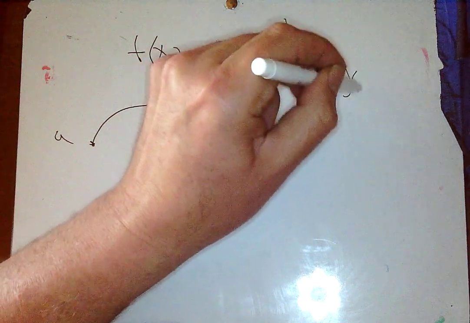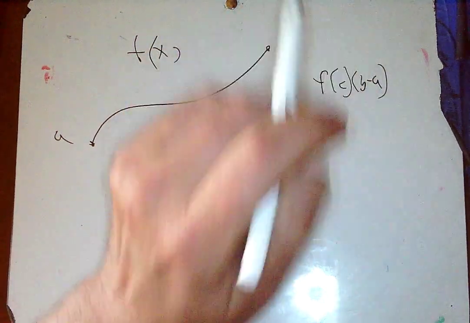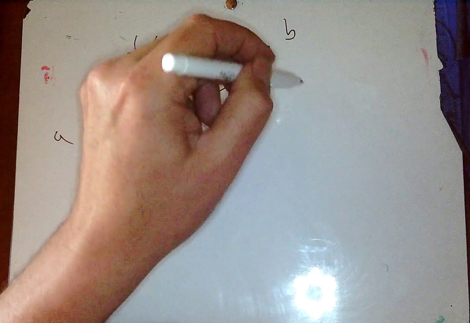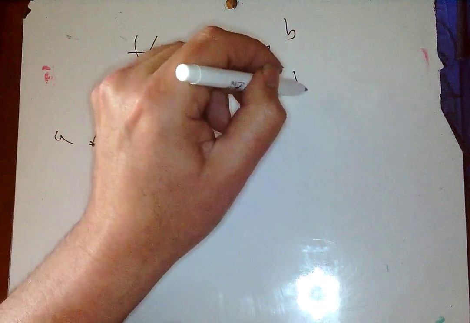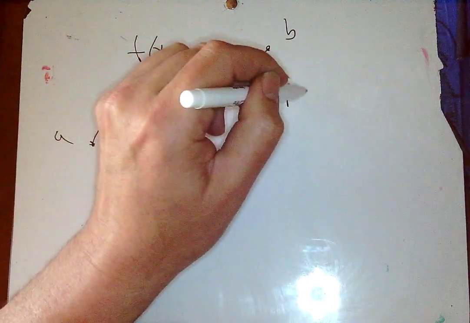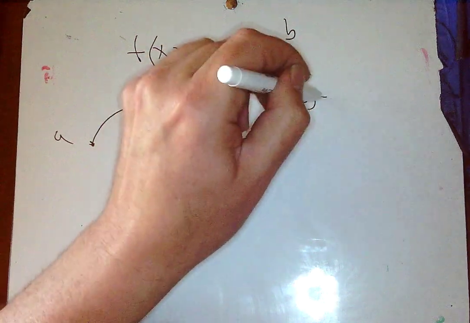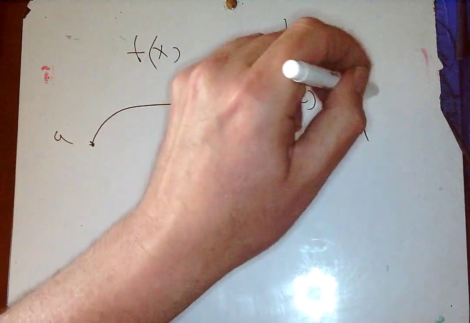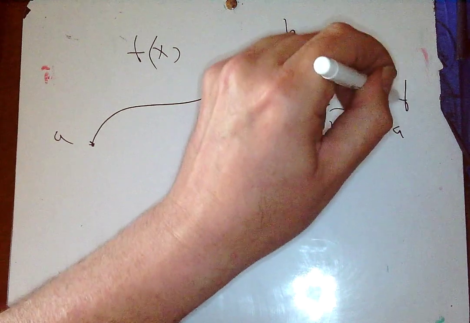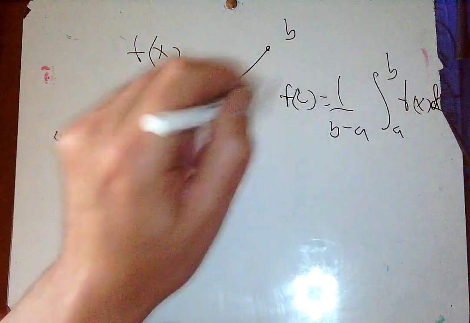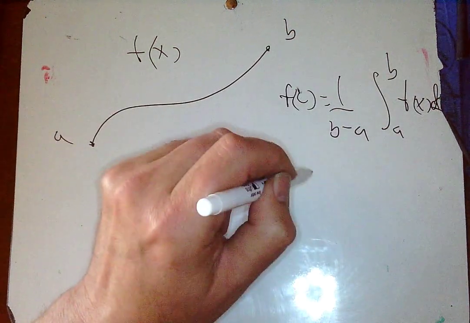f of c times b minus a equals, sorry, I'm just so used to writing with those bigger markers. Okay, we said that f of c equals 1 over b minus a, integral a to b, f of x dx. And then we multiplied both sides by b minus a.